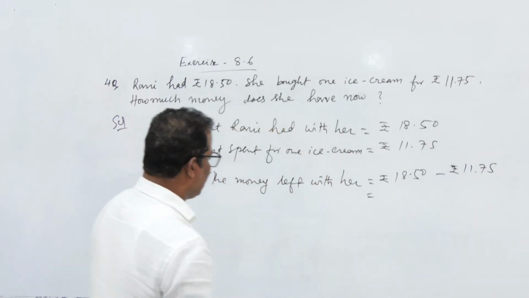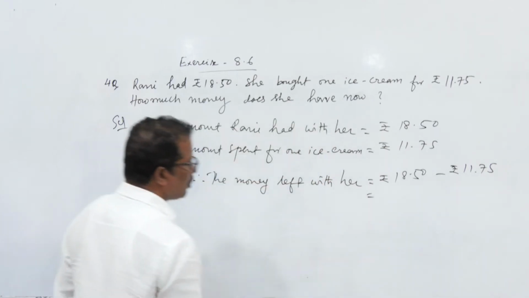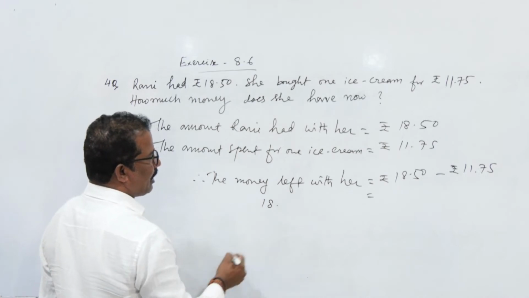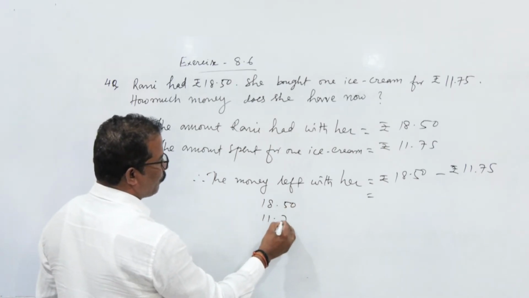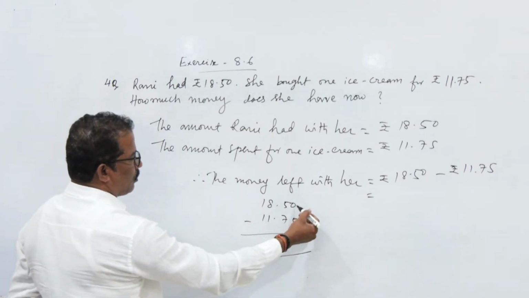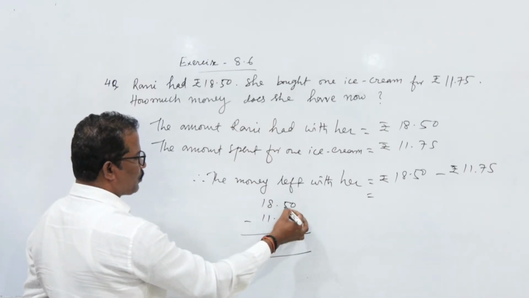Understand how it is? As usual, both the numbers are in decimal form only, so no need to convert. So we have to write the numbers like this: 18.50, from this 11.75 we are going to subtract. You see, from this 0 we have to subtract 5, not possible because this is a smaller number, so we have to borrow from this 5.